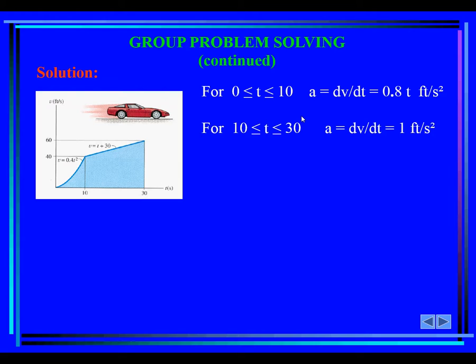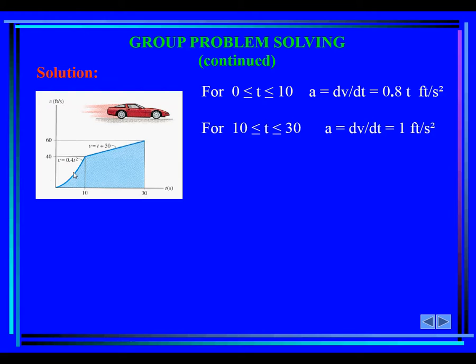Between 0 and 10 seconds, the acceleration is dv/dt, which in this case is the derivative of the function that you see here. This would be 0.8t.